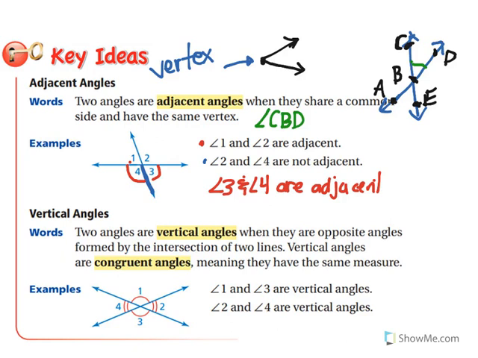There are two different angles that are adjacent to angle CBD, and we just have to look at one of them in this case. If I look right over here, here's a common side, and so the angle that it's adjacent to would be angle DBE.